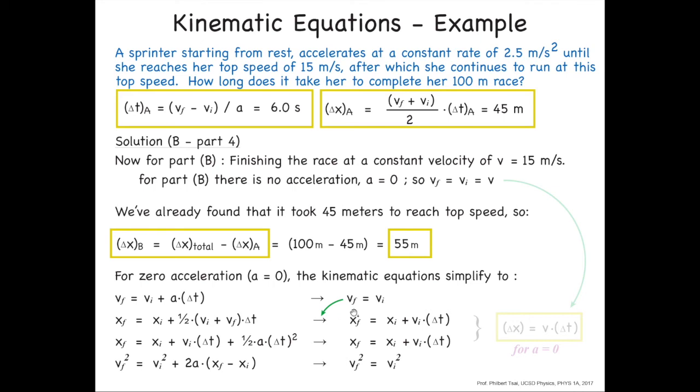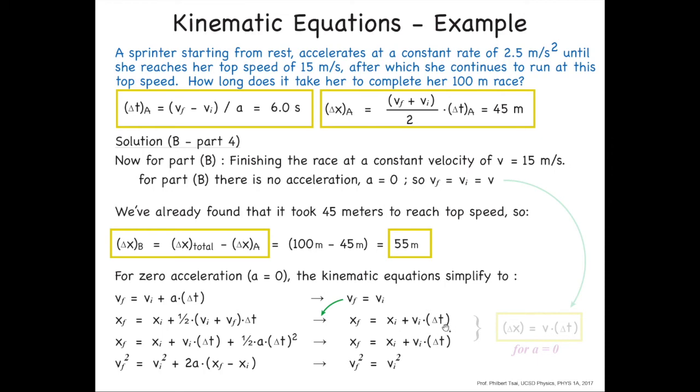But what we can do is we can say V initial and V final are the same thing. We'll take this result and plug it into here. This just becomes 2V, but 1/2 of 2V is just V. So then we have final position is initial position plus just V t. You can choose any V because they're all the same.